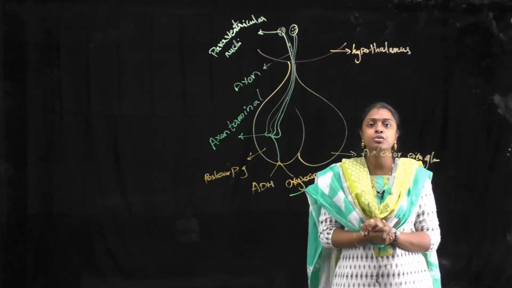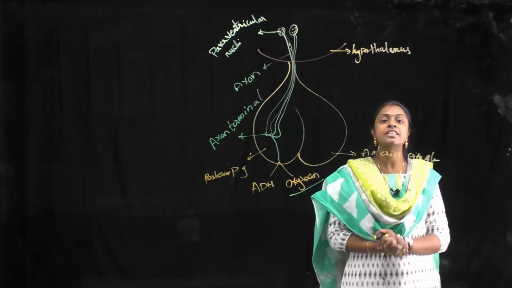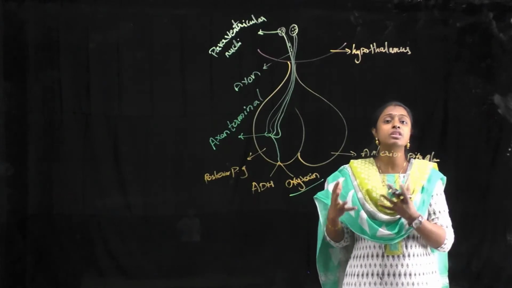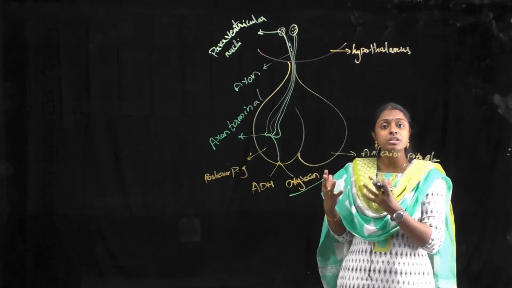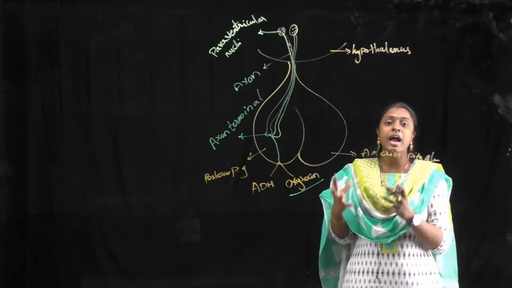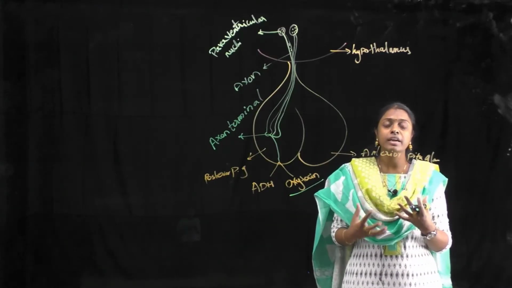So how it is doing contraction? Previously, there were so many controversies on this oxytocin, that nobody knows whether this oxytocin or whether this antidiuretic hormone is contracting the uterus.